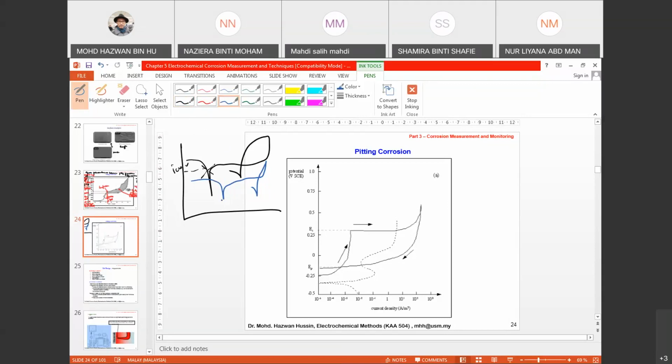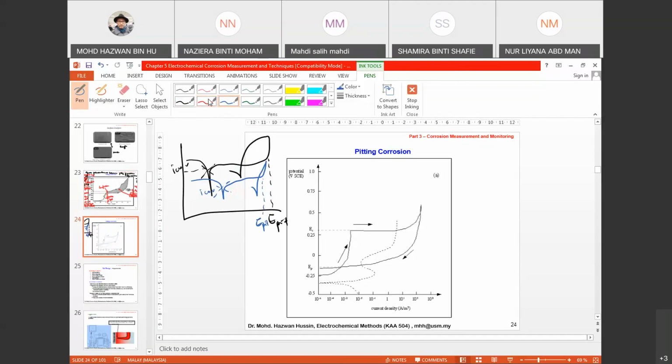So without inhibitor and with inhibitor, what you can see is that, of course, this is the I corr for blank, and this is the I corr for sample. This one is E pit, pitting potential for the sample without inhibitor, and this is E pit with inhibitor. Okay.